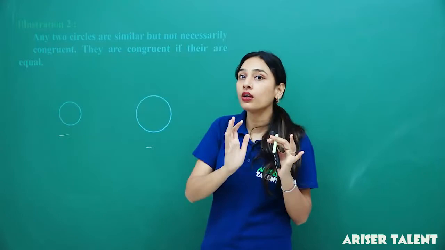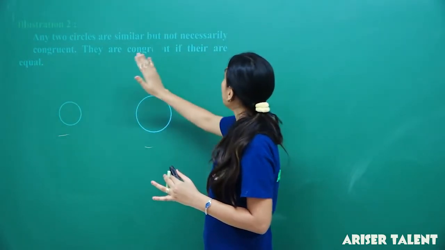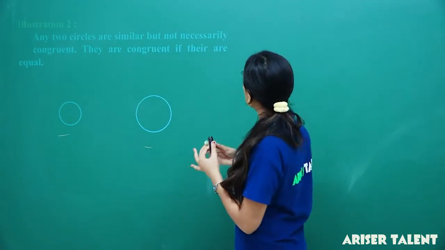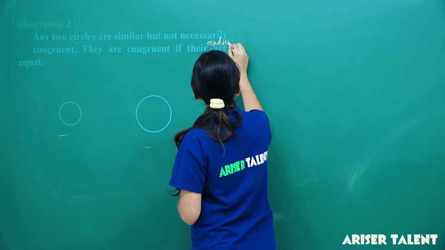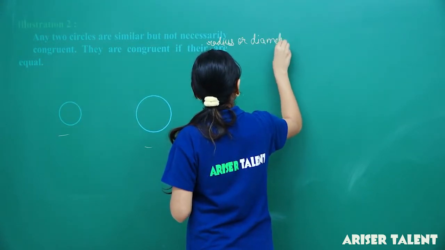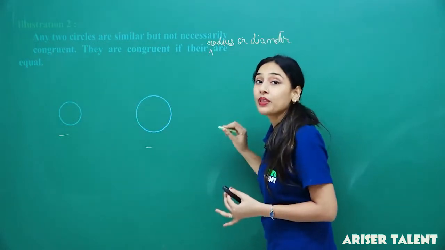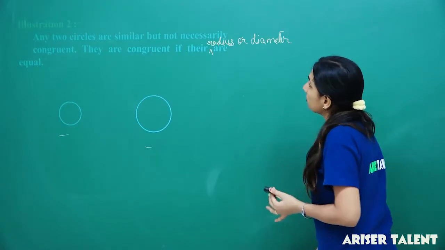They may be congruent but not necessarily. They are congruent if their radius or diameter are equal. Okay, this is one, and note it.